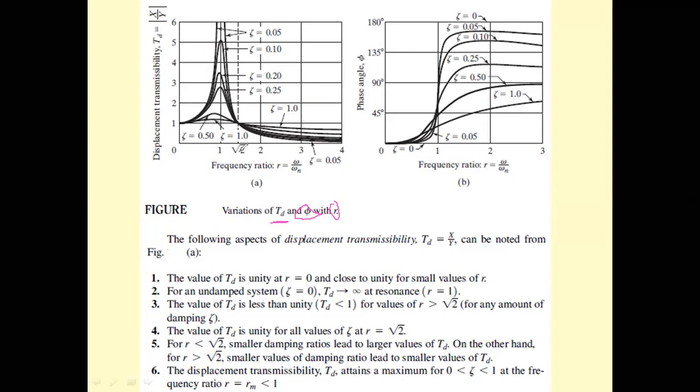Now if we see at square root of 2, your motion transmissibility is 1 for any value of zeta. And when the frequency ratio, omega upon omega n, is equal to 1, for any value of zeta, the TD value is maximum, and when zeta is 0, then it is infinity.